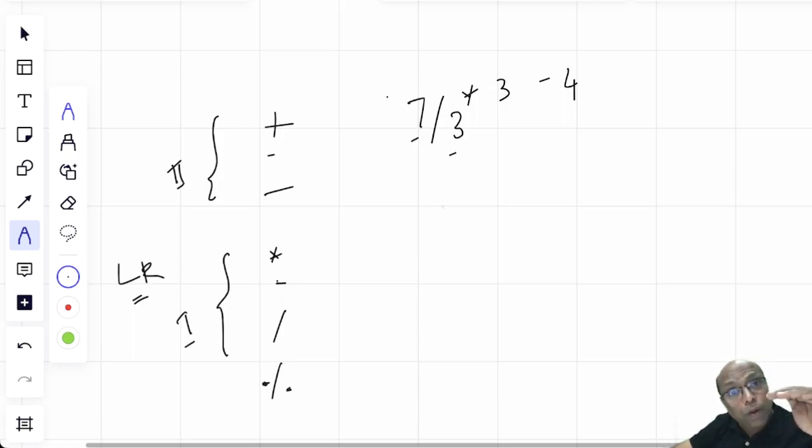If both the operands are the same, the result is the same. If both the operands are different, the result is stored as the higher one. What do I mean by this? If I make an operation between int and int, the result is an int; int and float, the result is a float; float and double, the result is a double; double and double, the result is a double.